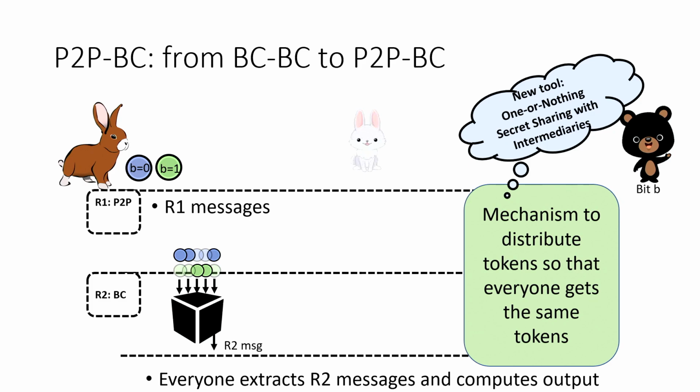They rely on a PKI. Instead, we come up with a different version of this tool, called one-or-nothing secret sharing with intermediaries, in which we don't make use of any PKI. And in the last part of this talk, I am going to focus on this specific mechanism, okay?